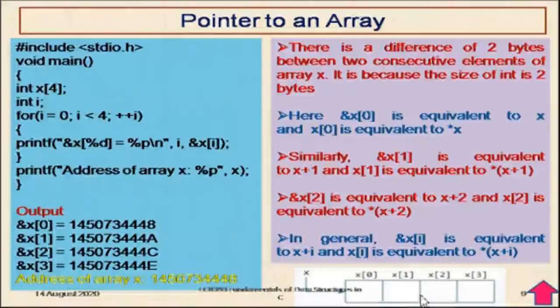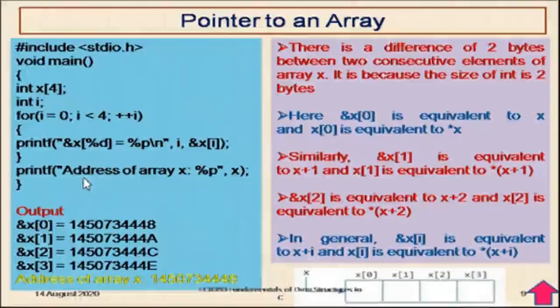Then for the address of x[1], you have to add 2 bytes to the base address of the array. So in hexadecimal, 48 plus 2 is 4a. Then for x[2], 4c. x[3], 4e, like that. Right? And the loop is broken and the value of i becomes 4.